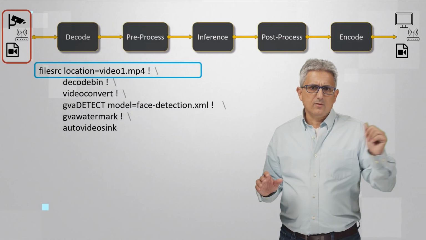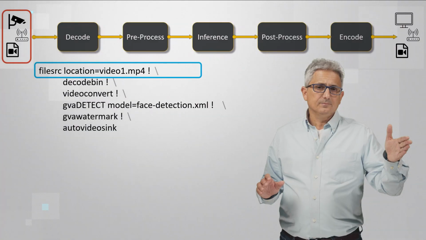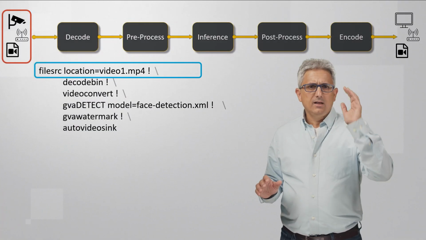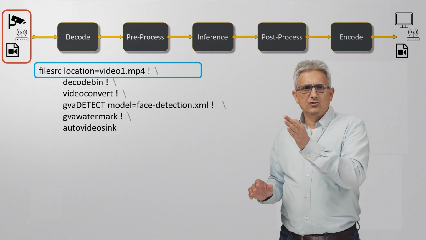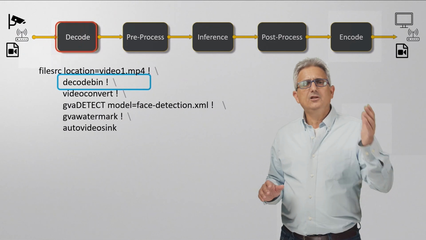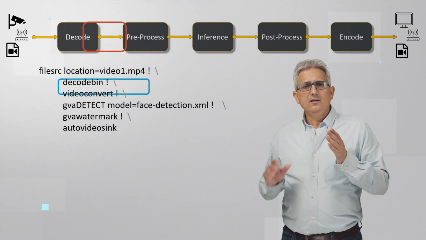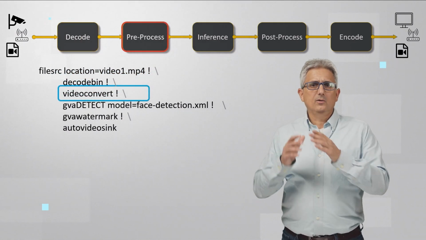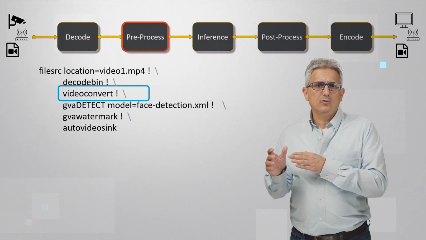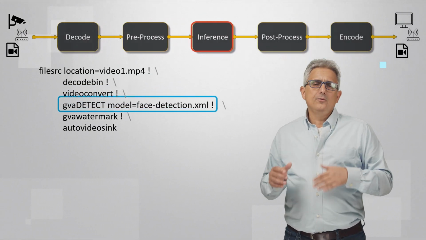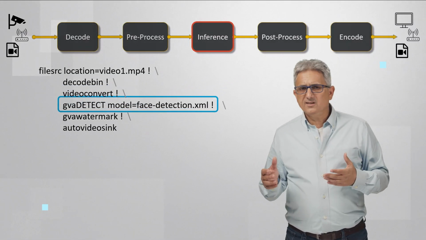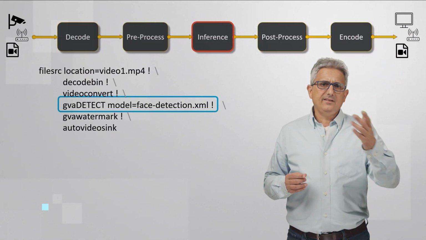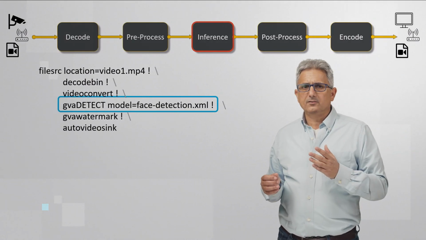The source of this pipeline is a video file. The exclamation marks indicate a new pipe stage, and the next stage is to decode the video and then convert the format so it will match the inference input format. And now we're running inference. The model is face detection, and we can add here all the required parameters.